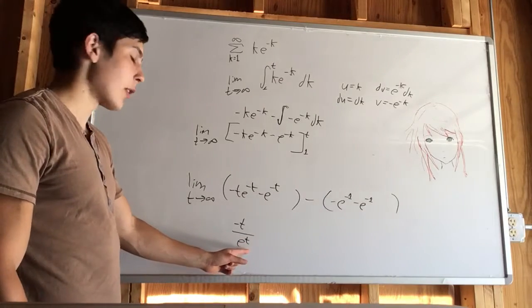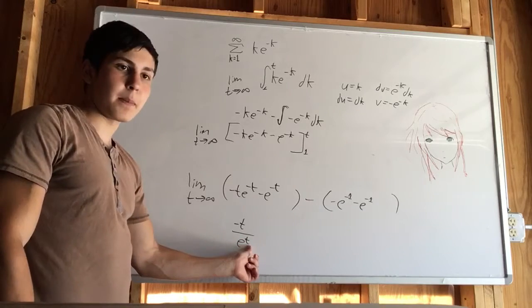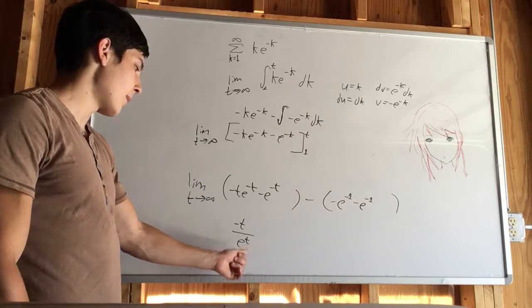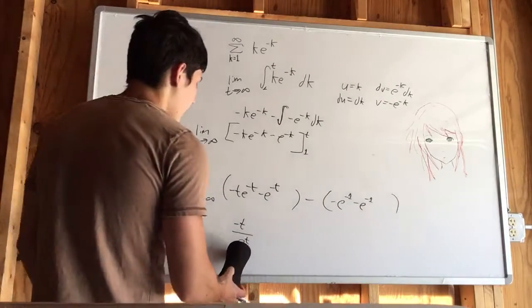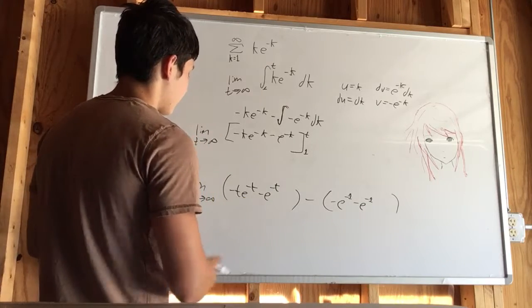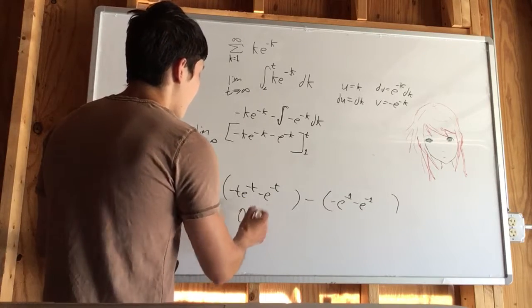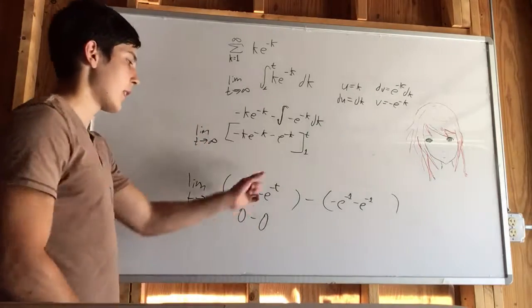This infinity is going to grow much faster than the other one because this one's an exponent, so that's going to go to 0. When you have an exponent that's negative like that, that's going to 0. So this would be 0 minus, again, 0, because we have a negative exponent.